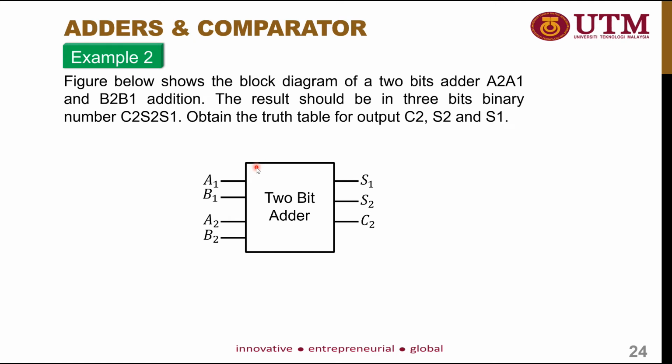So in 2-bit adder, this is the conventional method of adding the binary number, which A2 is the MSB, A1 is the LSB, and add with B2 and B1, and you will produce a total of 3 outputs, S1, S2 and C2. So in order for you to compute the addition operation, you need an extra carry, because when A1 plus B1, you will produce 1 sum and also 1 carry. So let's take a look at the answer for this question.